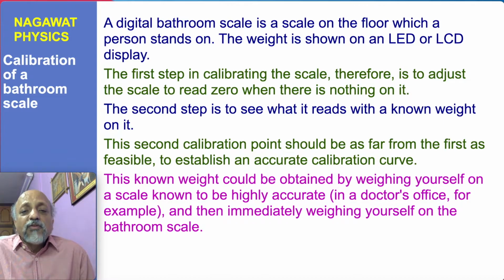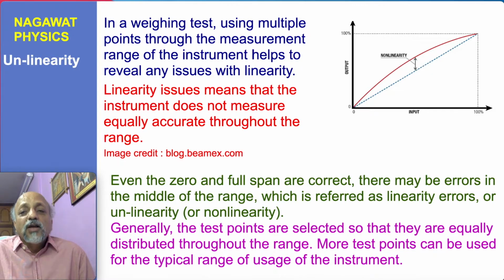But even if we have calibrated the zero and a particular weight for the digital bathroom scale, one cannot ensure that between the two values all the measurements will be reliable or accurate or free of error.